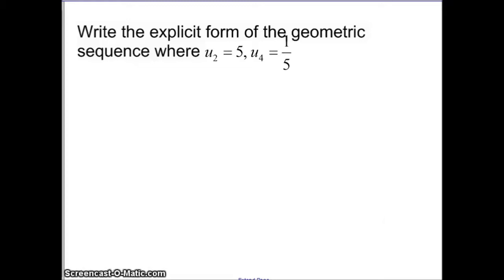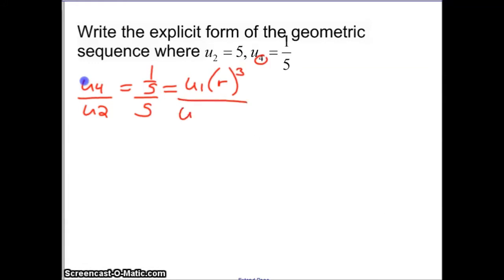I'm going to write the ratio of u sub 4 over u sub 2, which is 1/5 over 5. And now I'm going to use the explicit form of a geometric sequence. That would be u sub 1 times the common ratio to the power of 4 minus 1, which is 3, over u sub 1 times the common ratio to the power of 2 minus 1, which is 1.